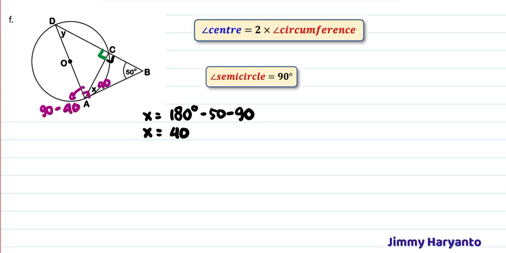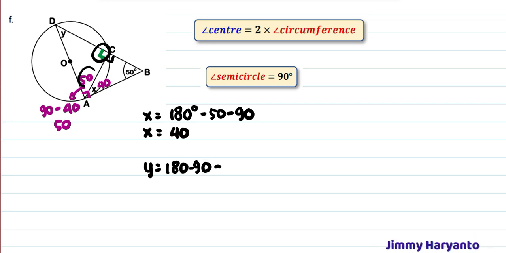Since this one is 90 degrees, that means this one is 50. And to find the y, you only have to minus 180 with this one, 90, minus it again with 50, equals 40. So x equals 40, y equals 40.